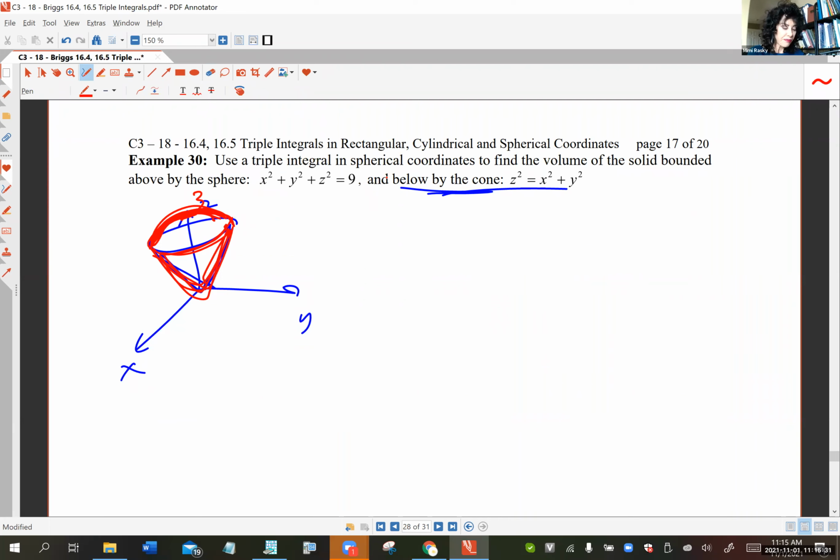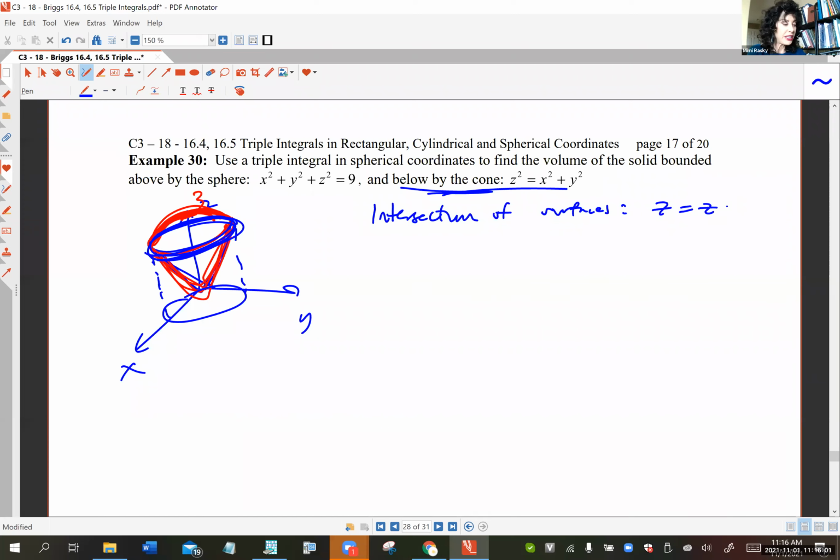Nice. So the hard part about this problem, there's a couple of hard parts. You need to figure out the projection of this solid onto the XY plane. And the fattest portion is right where those two equations have their intersection. So the intersection of the surfaces, you can do this by setting z equal to z.